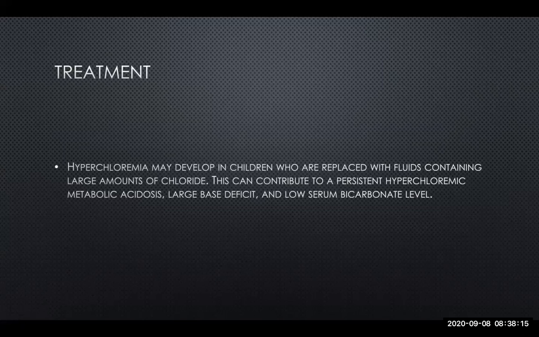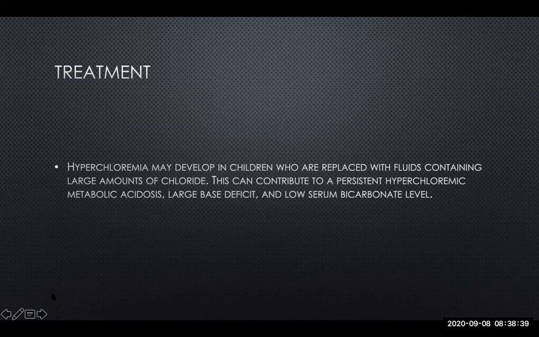Hyperchloremia may develop in any child in whom we replace fluid, and this fluid contains a large amount of chloride, as is the case with 0.9 saline. This can contribute to a persistent hyperchloremic metabolic acidosis, a large base deficit, and a low serum bicarbonate level.